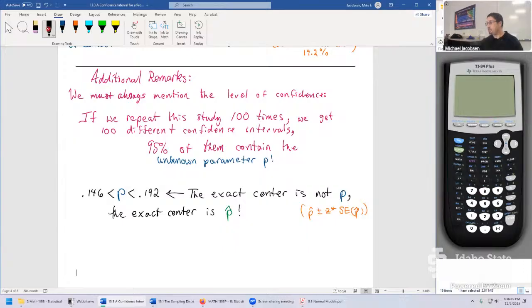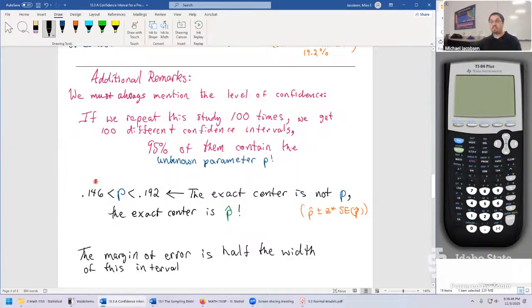And then the last concept here is the margin of error is half the width of this interval. So if you take this interval, calculate how long it is, divide it by 2, that is the margin of error.